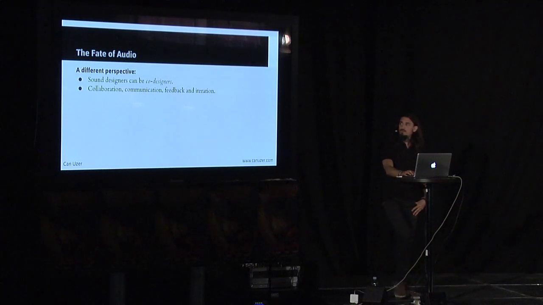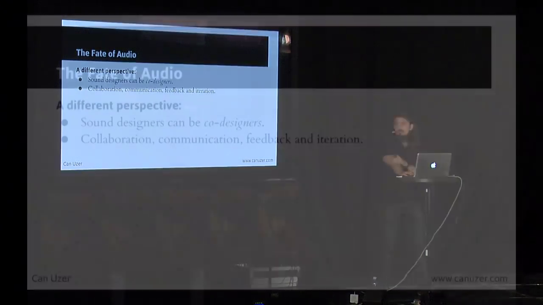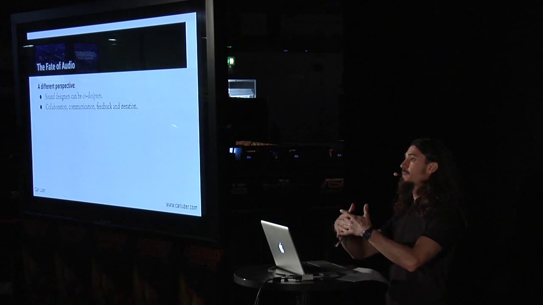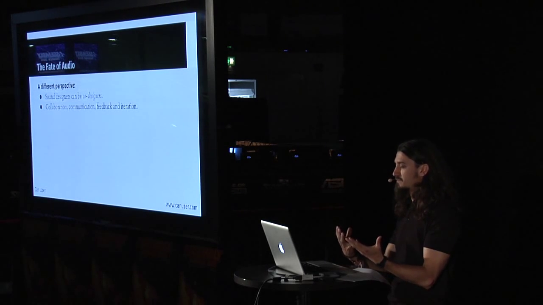Yeah, these 4 words, I think these are really important when making a collaborative project, such as games. So you need collaboration, of course. And to create collaboration, you have to act as a team and communicate and feedback between each other and iterate all the time.